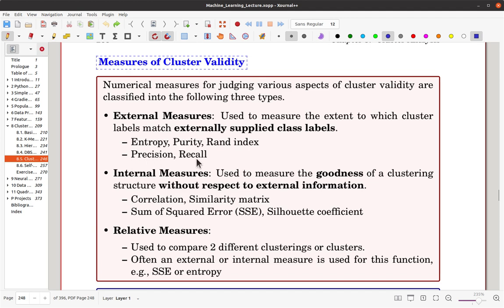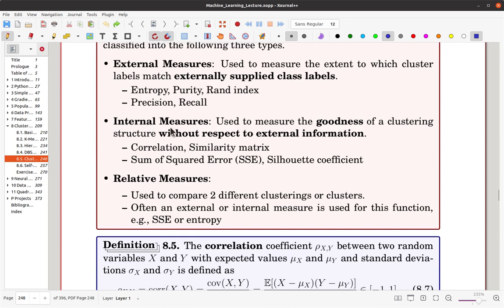And precision and recall also can be used. Here we'll consider entropy and purity later. Okay, for internal measures, these measures are used to measure the goodness of the clustering structure without respect to external information.